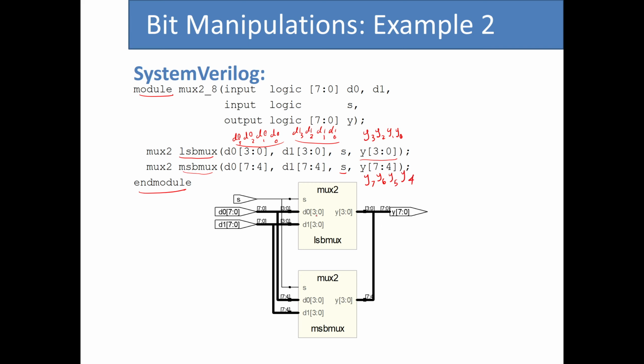And when you do the synthesis, this is basically what it looks like. So this is a way of reusing the module that we have defined before to come up with a module that can accept 8 inputs.